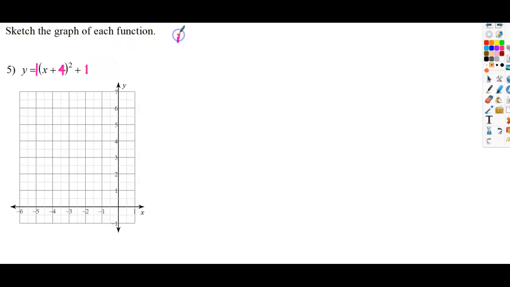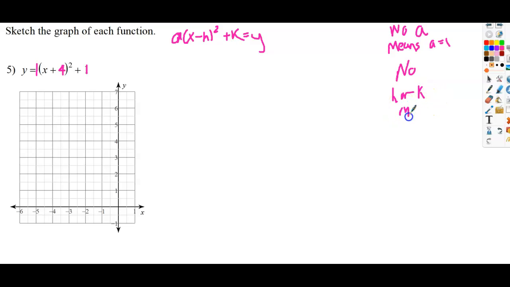So just remember, if we have this little setup right here, no A means A equals 1. So if there's no A there, that means it equals 1. But if there's no H or K, that means they equal 0.